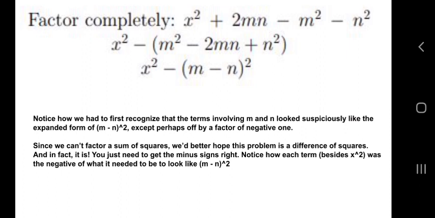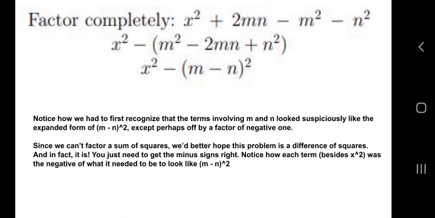Okay, so you might know that if there was a plus m squared plus 2mn plus n squared, well, that's m plus n in parentheses raised to the second power, right? That's the expanded form of that. However, there's a couple negative terms here.